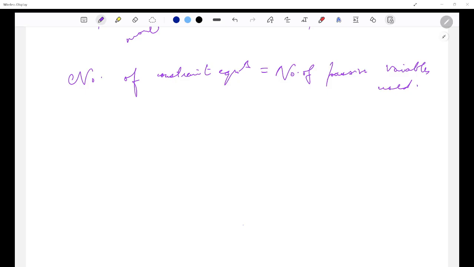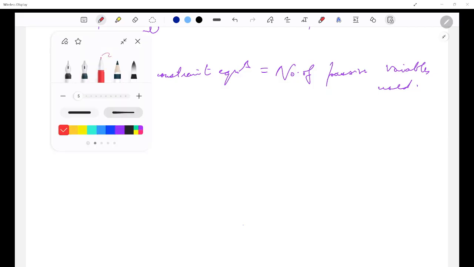The final understanding here is that direct kinematics means solve for passive joints, and the number of independent constraint equations is equal to the number of passive unknowns in formulation. All right. Okay, I hope this is clear. Let's move to the next question.